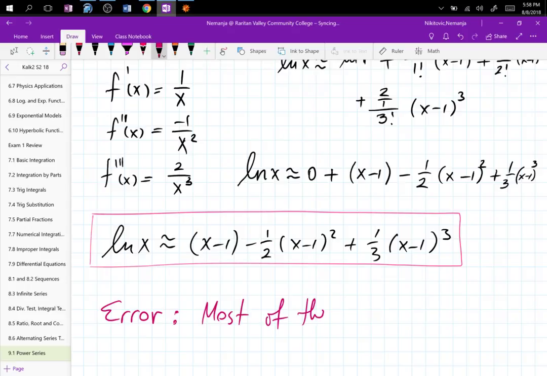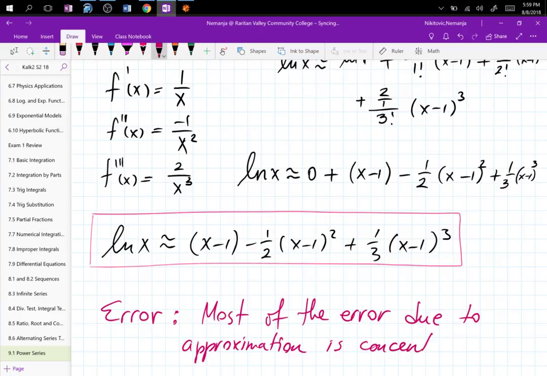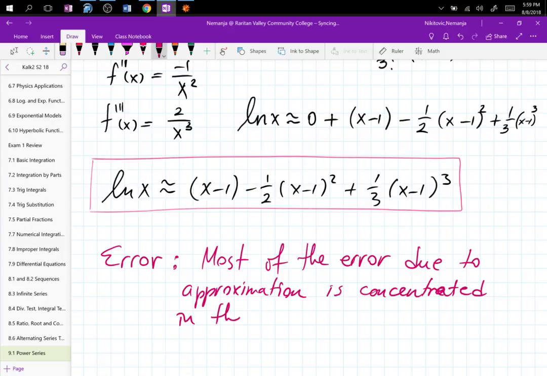Most of the error due to approximation is concentrated in the first term we throw away.